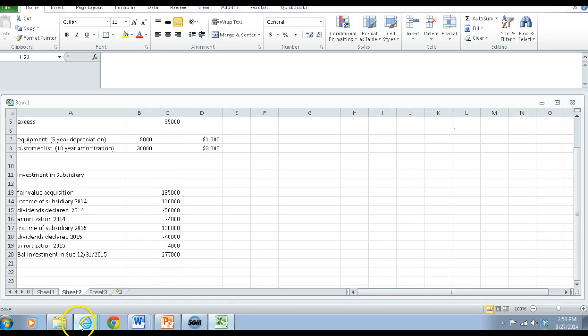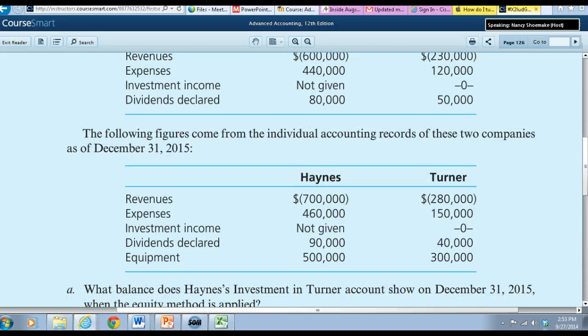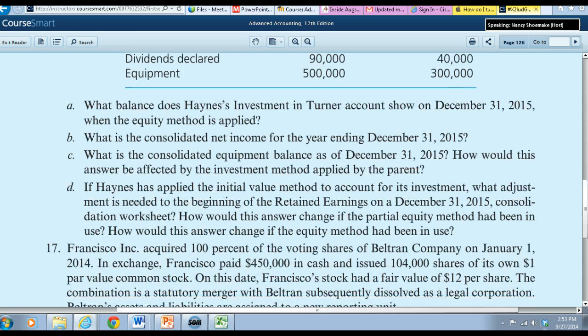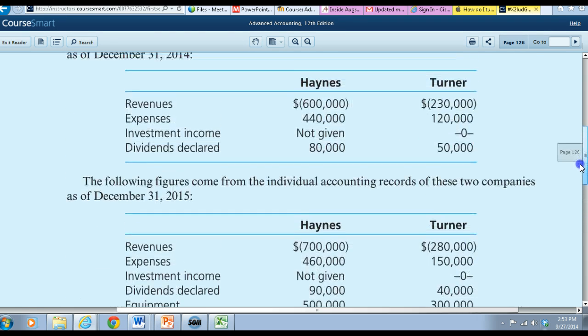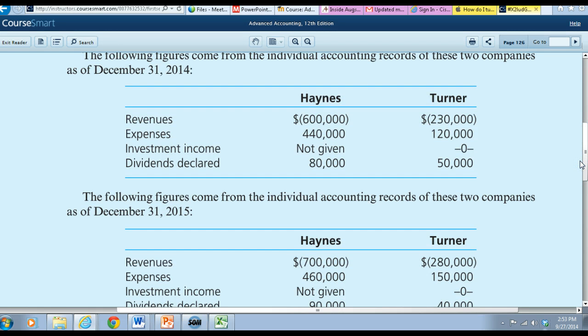The next question asks: what is the consolidated net income for the year ending 2015? So we're going to take both companies. In Haynes, they started with 600 of revenues, expenses of 440.